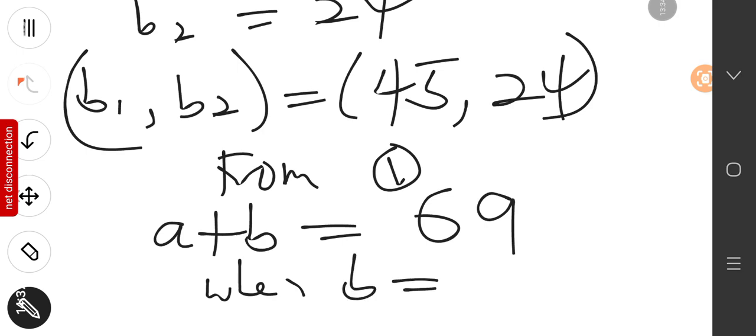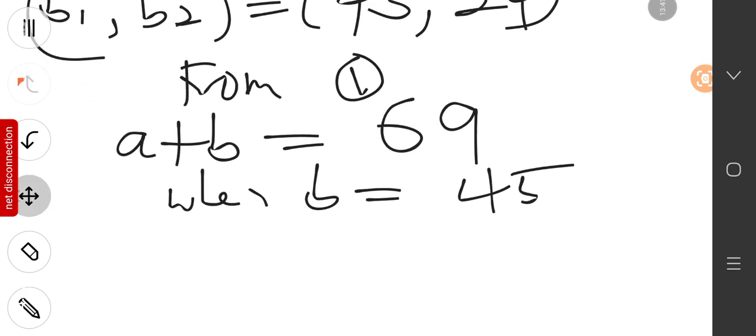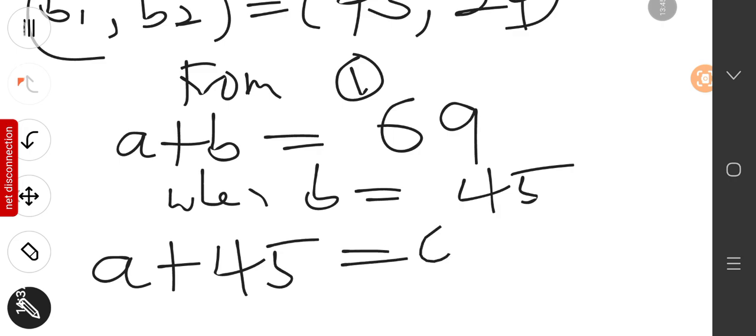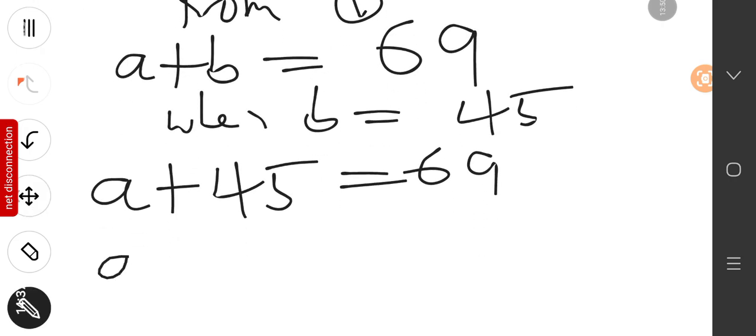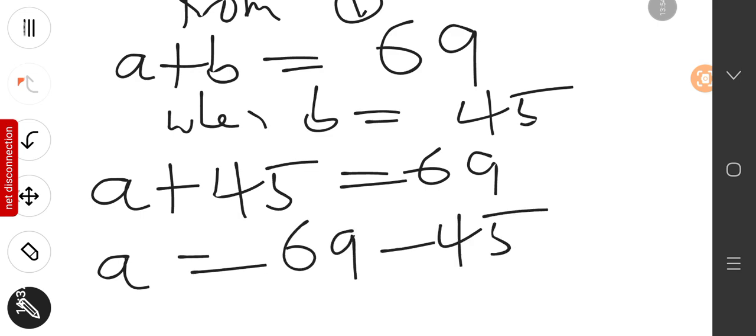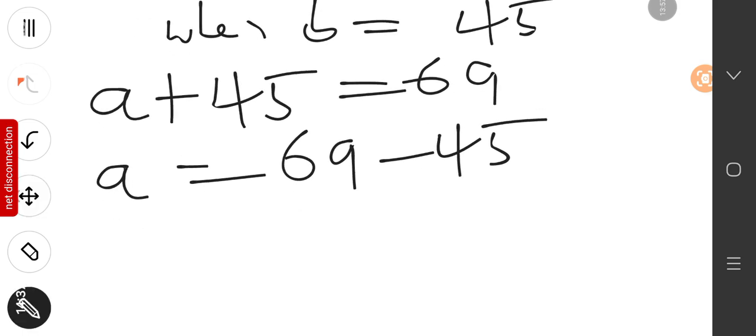Now, when b equals 45, we are going to have a plus 45 equals 69. So our equation becomes a equals 69 minus 45, that gives us 9 minus 5 is 4, 6 minus 4 is 2.